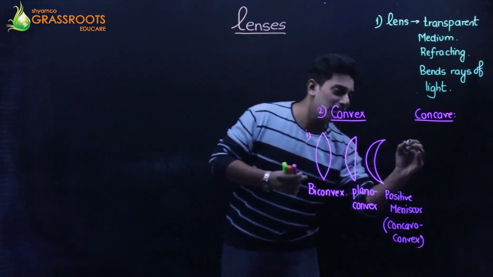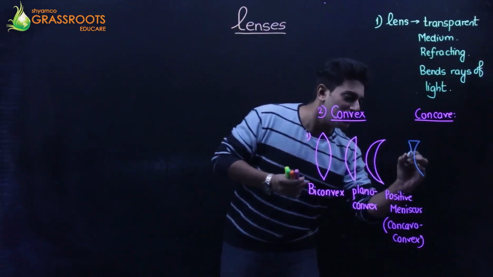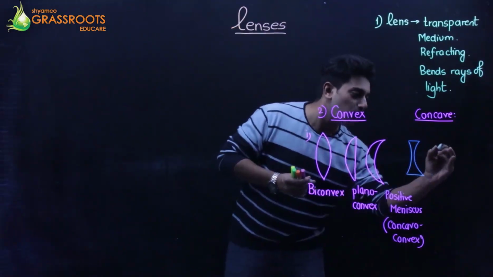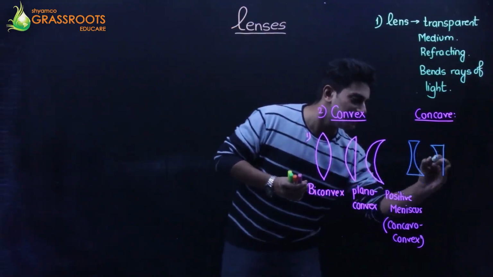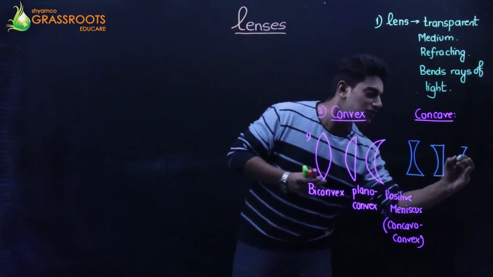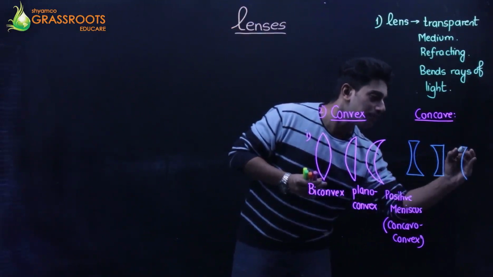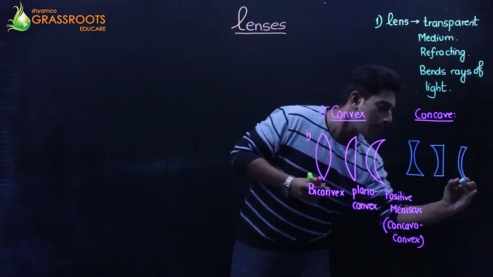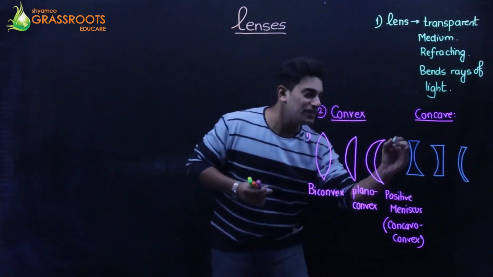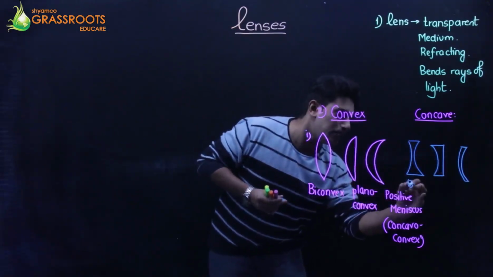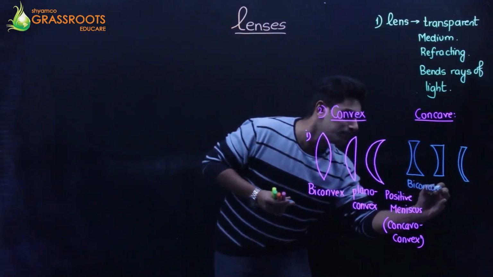कॉन्केव लेंस के बारे में, if you draw the figure, one lens is this way, one lens is going to be this way, and the other lens should be this way. Okay, this is going to be definitely biconcave.